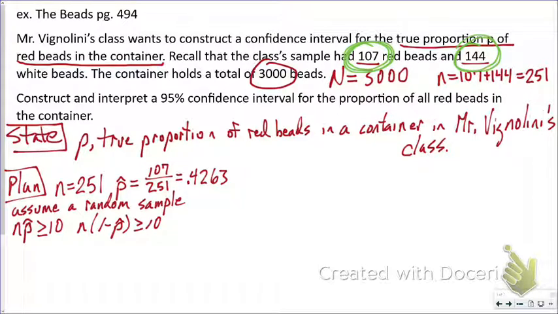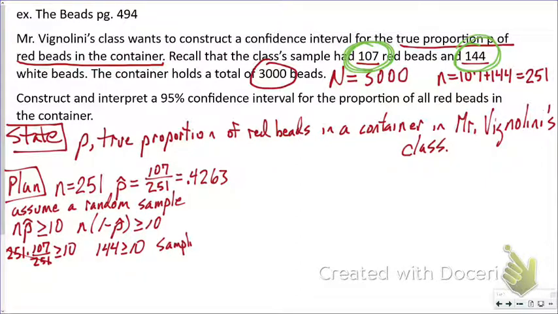If you don't see it, let's do it. But by the way, if they ever print it that way, you can skip this middle step. 251 times 107 divided by 251. Don't those cancel out? If they ever tell you the number of successes, you don't have to show all the work. You can just write 144 is greater than 10. Make sure you say what that implies.